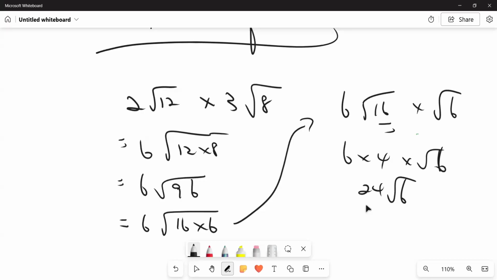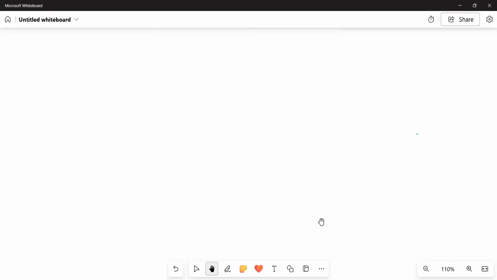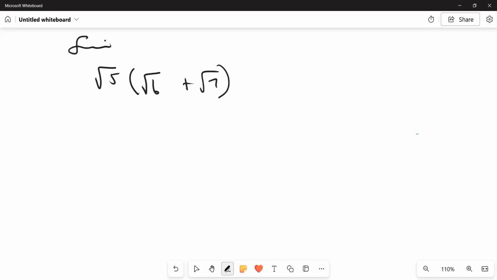Let's get something a little harder. Here's something harder. Let's go with something like this: root 5 bracket root 6 plus root 7. Now you have to simplify. You use your distributive law, and you simply multiply this by everything in here.